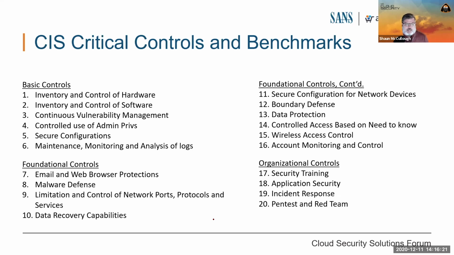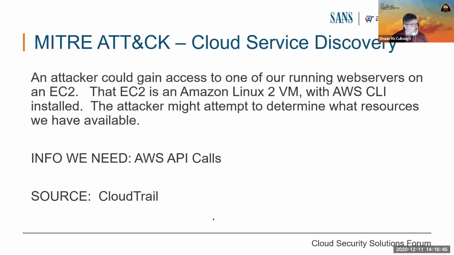The other great thing is that in Amazon, there's a lot of services like Config and Security Hub that are mapping their results to the CIS critical controls. So I'm a big fan of CIS critical controls. I'm a big fan of their benchmarks for EC2s and AMIs, those kind of things. So definitely another place to go and look and learn and understand what are the threats and the protections against them. So big fan of those.